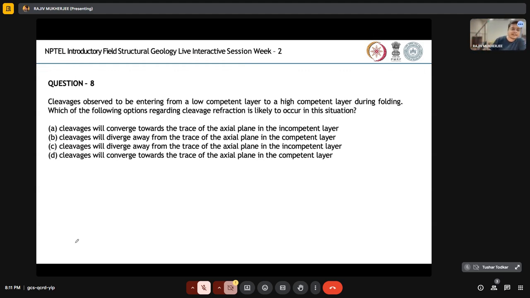So cleavage refraction is similar to what we see in optical refraction.